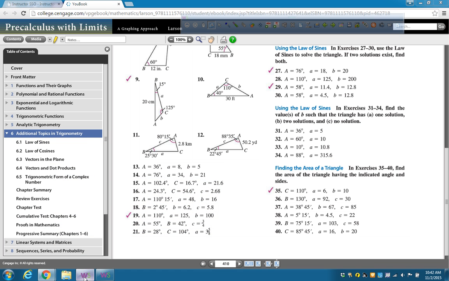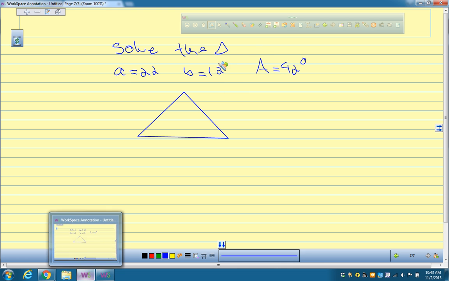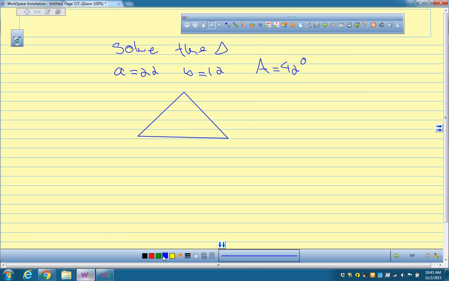Then your first step should be to find H. Okay, so here's H, and label all your sides. So big A, this angle here is 42. This little b, we're going to call 12 over here. And little a over here, we're going to call 22.